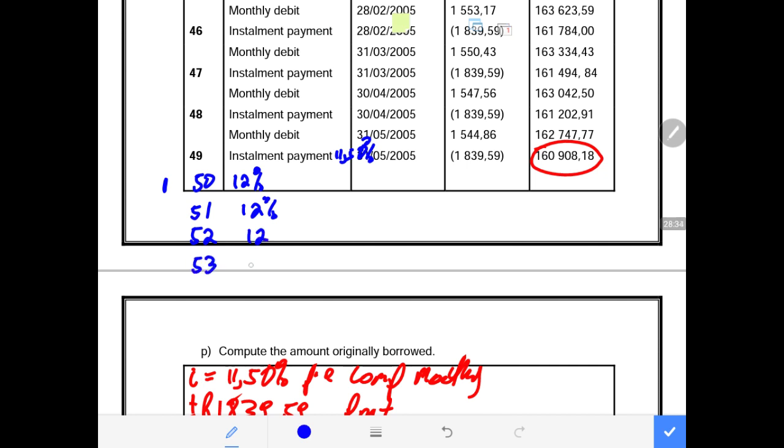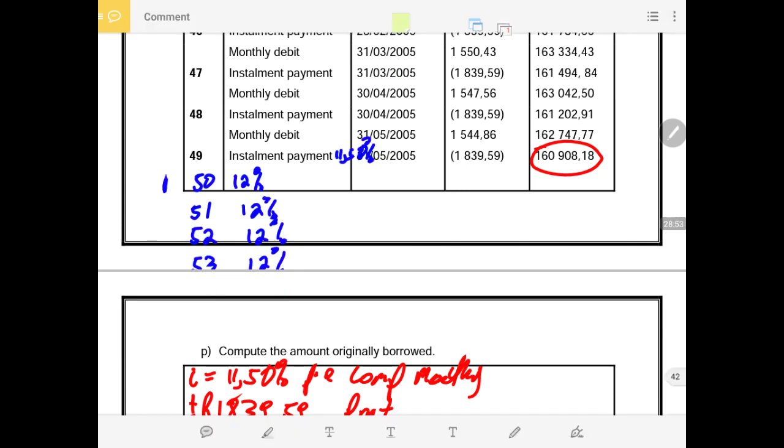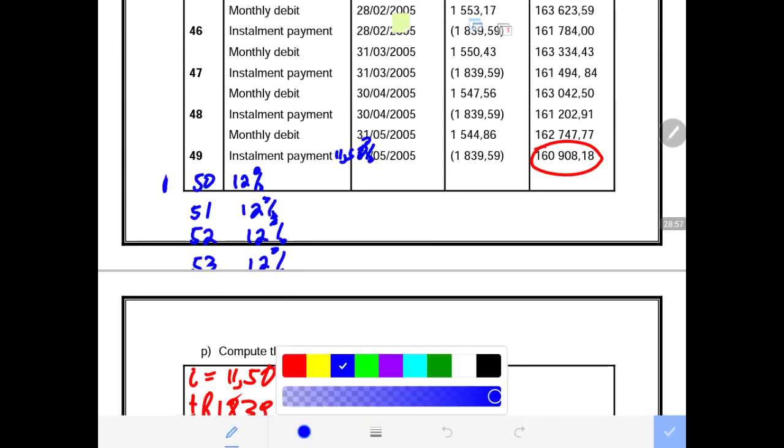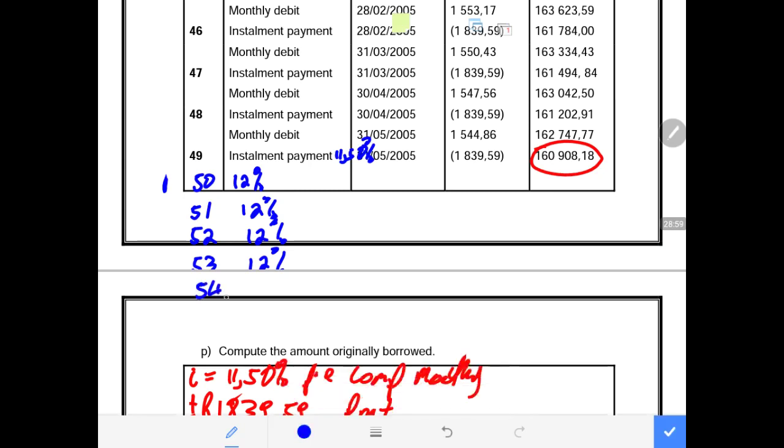Payment number 53 is at 12%. Payment number 54 is at 12%.